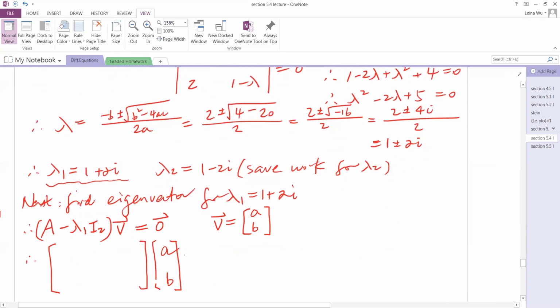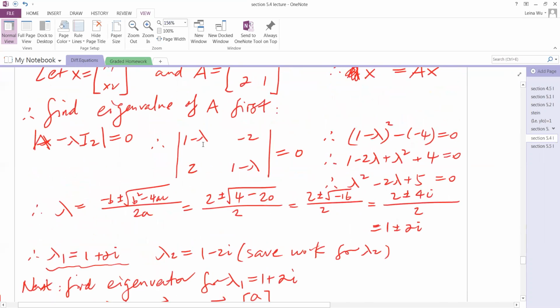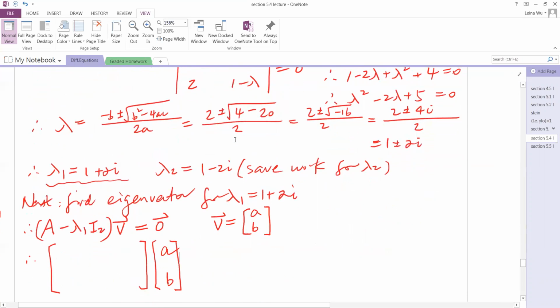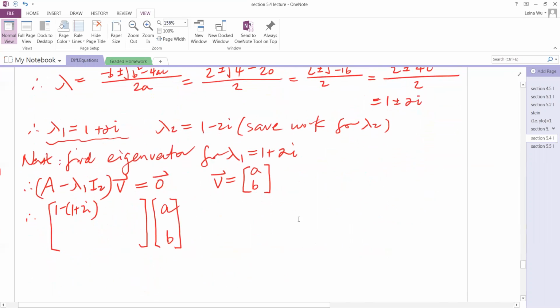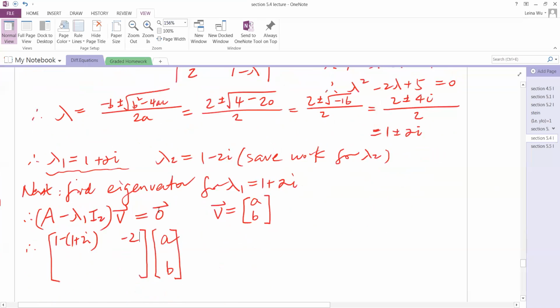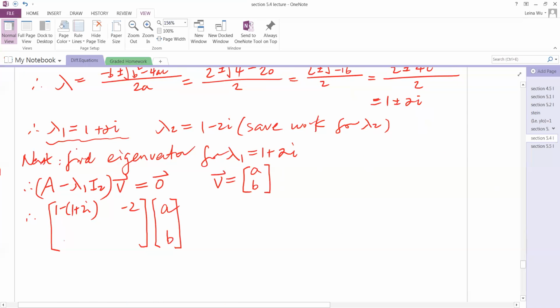So a, b. And I'm going to plug in the lambda, which is 1 plus 2i. So 1 minus (1 plus 2i), negative 2, and here is positive 2, 1 minus (1 plus 2i), equals 0, 0.